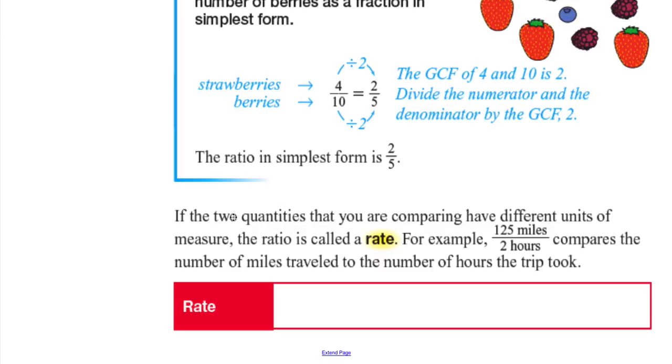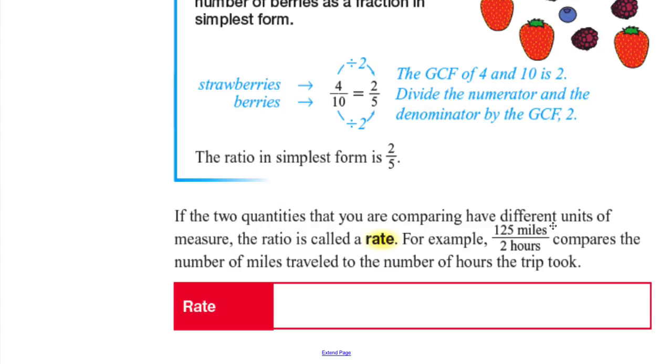So let's talk about another word. If the two quantities that you are comparing have different units of measure, the ratio is now called a rate. So again, if the two numbers that you are trying to compare have two different units of measure, it's called a rate.